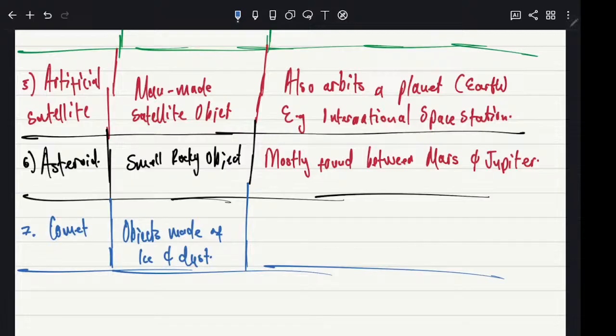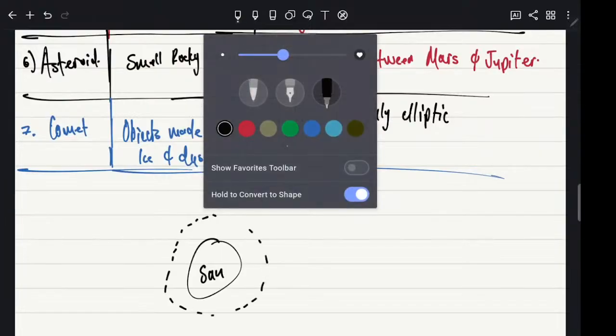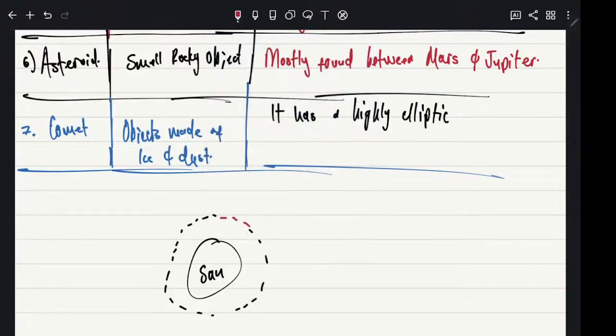What should you know about this type of object? It has a highly elliptical orbit. By elliptical, it means, we had the sun here, and we saw that the planets go around the sun nicely. If it is an asteroid or a comet, it has an elliptical orbit, not something circular. It will go close, then far, then close.